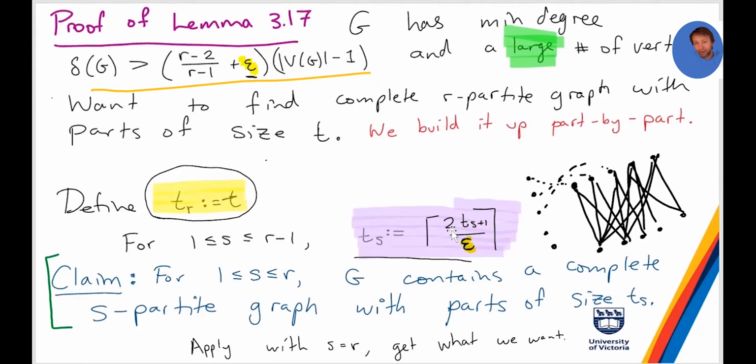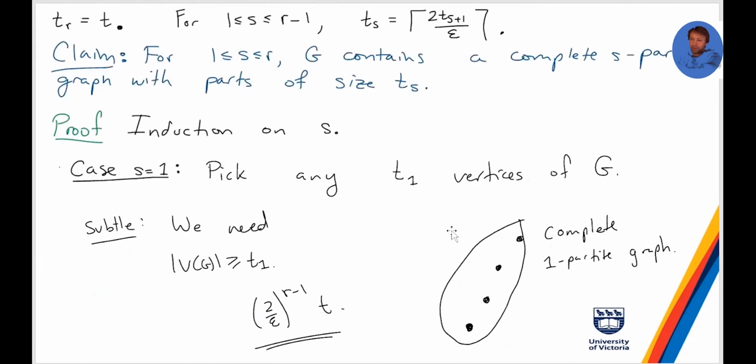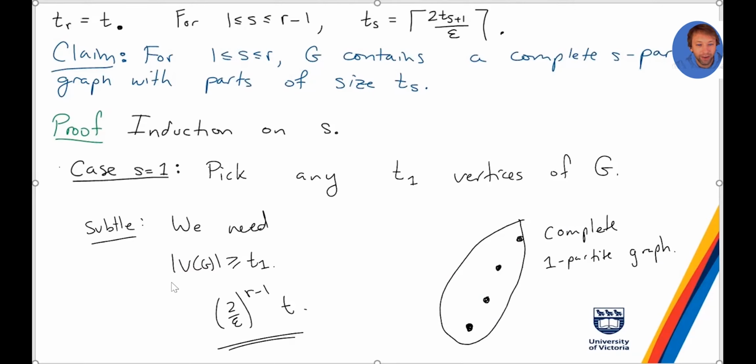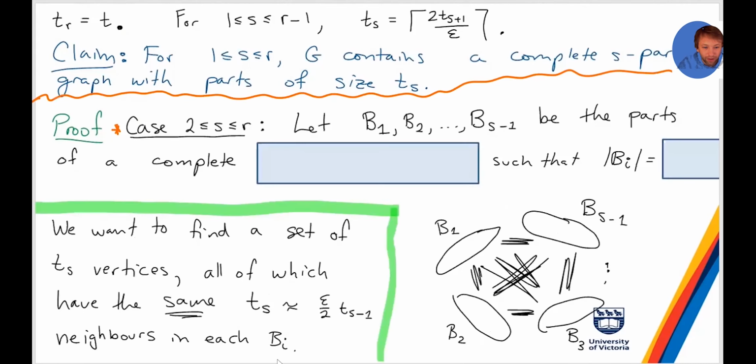I had to put these ceilings in because integers are annoying, but basically when you go from T_{S+1} to T_S, you multiply by 2 over epsilon. So that's where I got the fact that T_1 is roughly (2 over epsilon) to the R minus 1 times T.